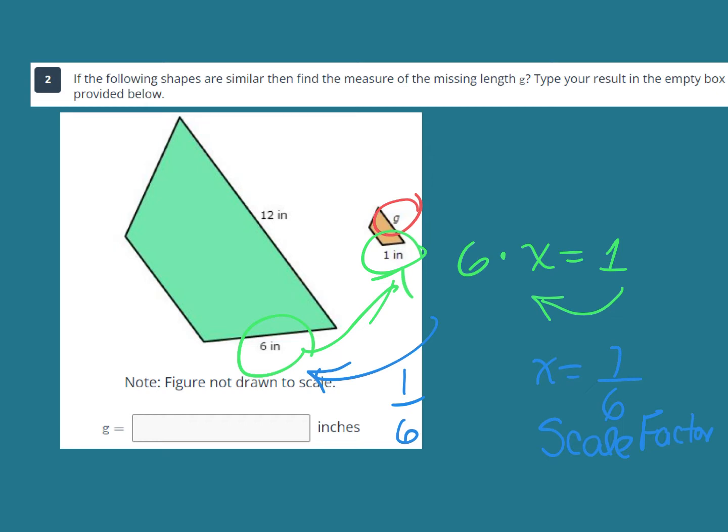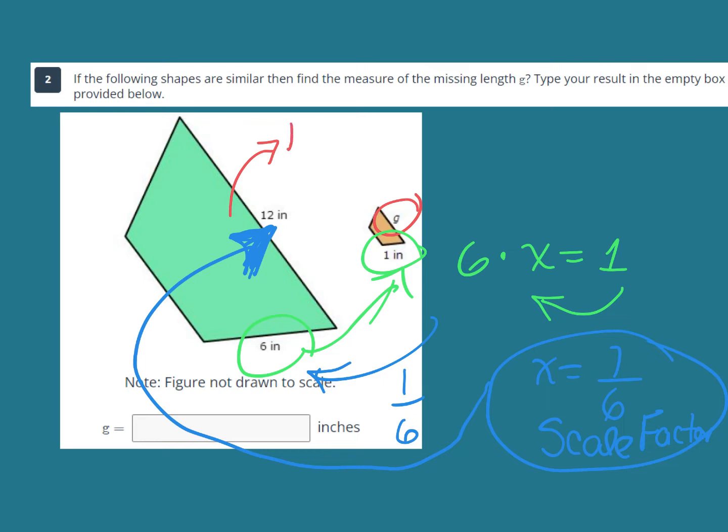So I take my 1/6 and I need to use it. I'm not done yet. I need to use that to multiply it times 12. So here we go. 12 times 1/6 equals.